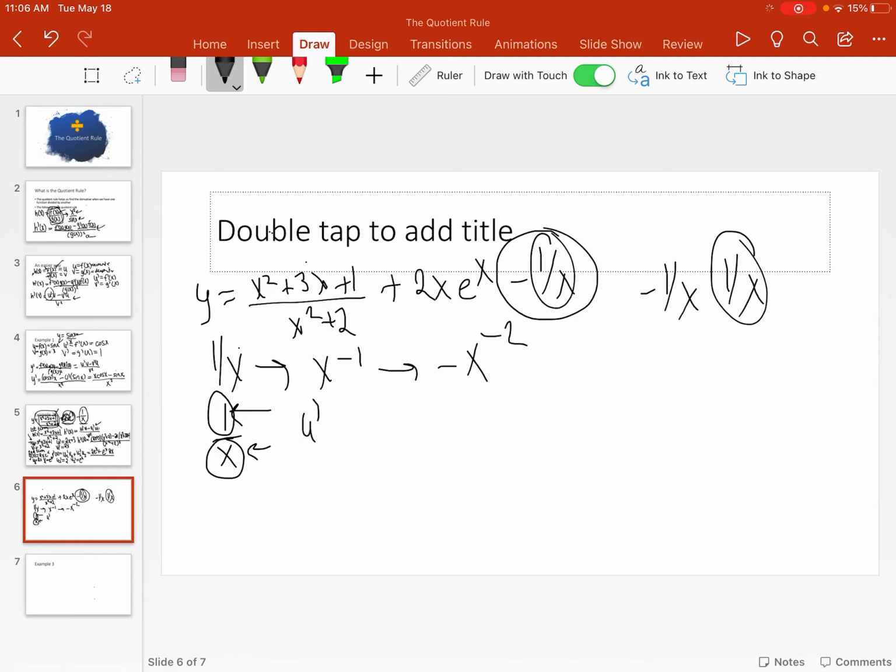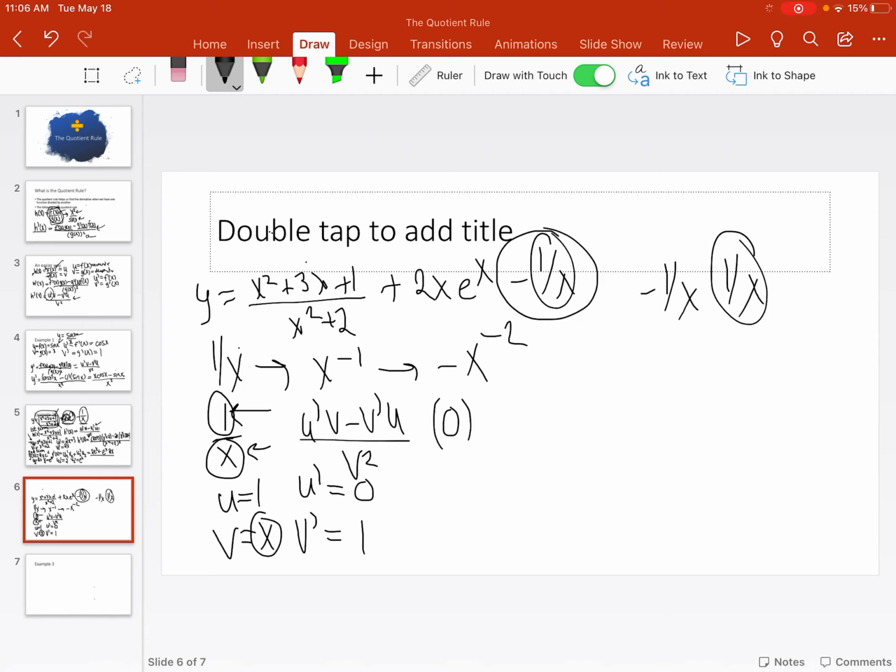So let's write down our quotient rule. u prime v minus v prime u all over v squared, and we can say u is equal to 1, and we can say v is equal to x. And we find u prime. Well, u prime is just 0, because the derivative of a constant is 0. And v prime is just 1, because the derivative of x is just 1. So if you put this all together, what's u prime?